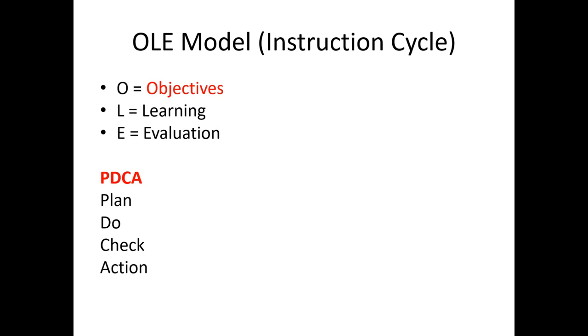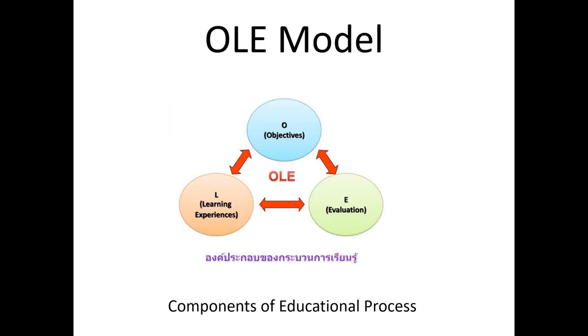This is similar to the PDCA or plan, do, check, action. As you can see here, the OLE model starts off with objectives. You need to set up the objectives, and then you provide or create the learning experiences for the students, and then you do the evaluation.